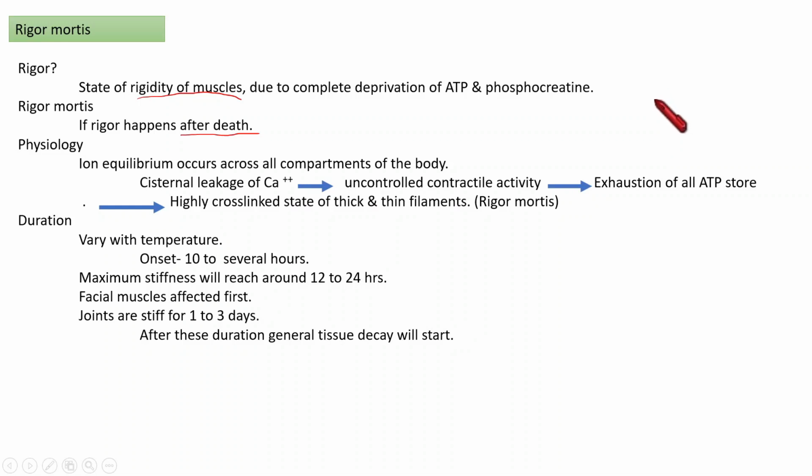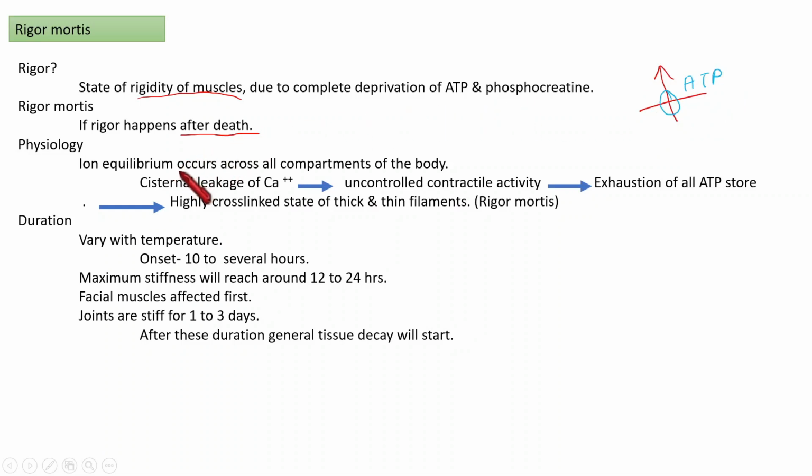And across the membranes of all those compartments, there exists an ion gradient. And we have learned that this gradient is maintained with the help of pumps, and these pumps work with the help of ATP. So, keep these things in your mind. Then come to the point.